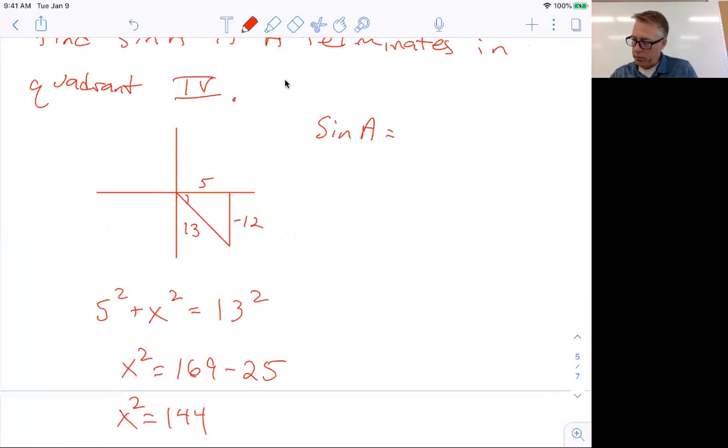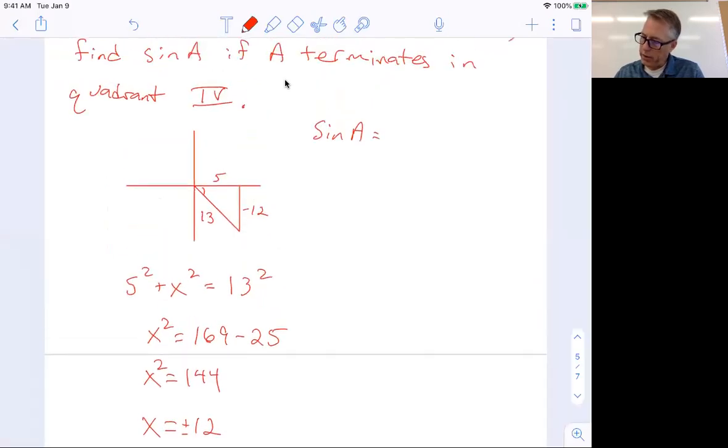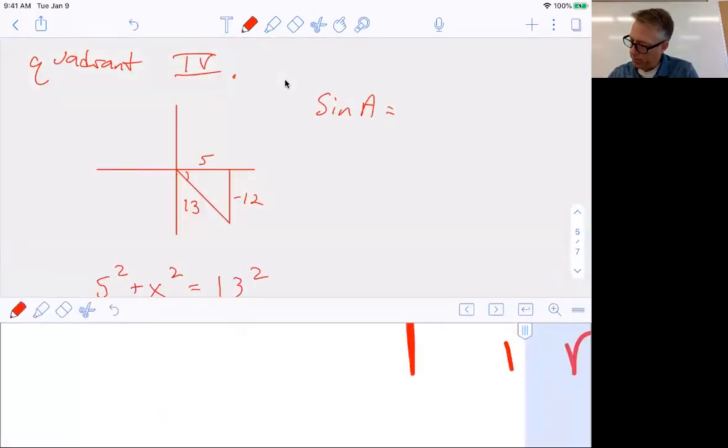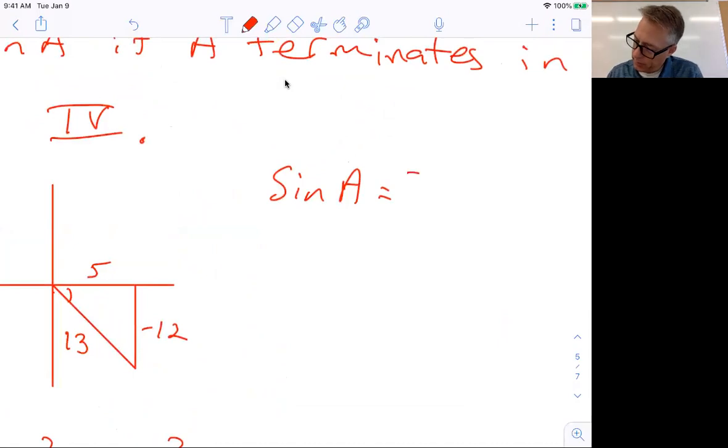So that's negative 12. Because really when we take the square root, remember the old plus or minus thing? Okay, so that opposite side is negative 12. Therefore, the sine of A is the opposite, which is negative 12, over the hypotenuse, which is 13.